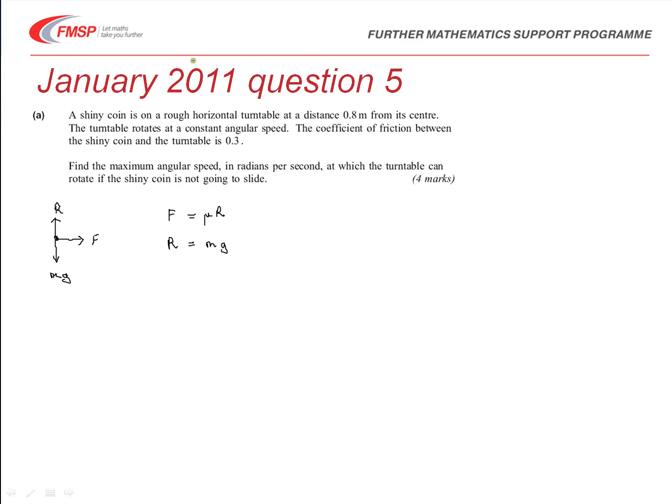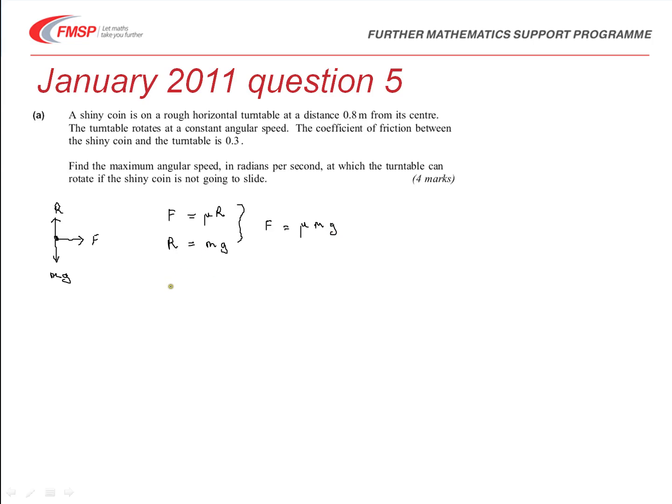So combining those two things together will give us the fact that F, the frictional force, must be equal to mu mg. Now it's that frictional force that is maintaining the circular motion.